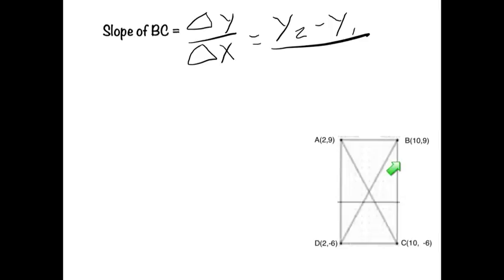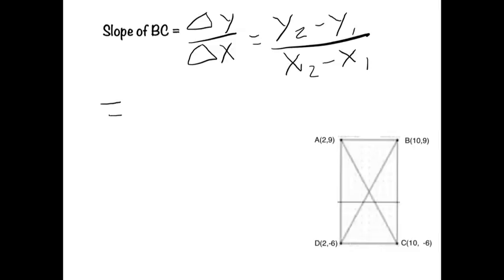If I use point B as point 1 and point C as point 2, then I have to do the subtractions in the right order. Otherwise, the slope of the line will be the opposite from what it's supposed to be. So we have to do x2 minus x1. Again, if you get that backwards, it's simply wrong. There's no excuse, because you should be able to look at the diagram and check to see if the line you're working with has a positive or a negative slope.